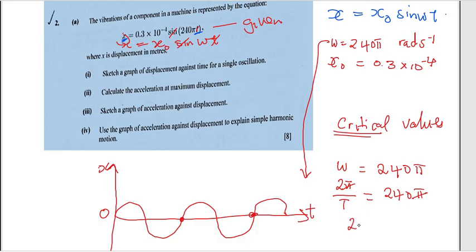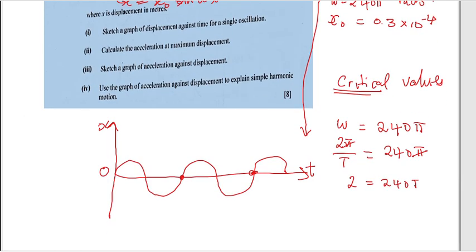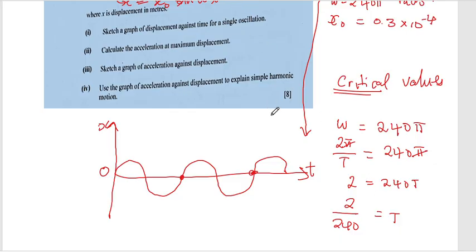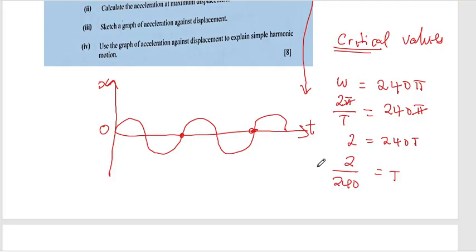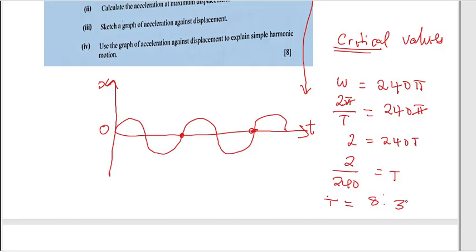We get 2 equals 240 T. We divide both sides by 240, so 2 over 240 is equal to T. Let's press our calculators. The value of T is 8.33 times 10 to the power of minus 3 seconds.